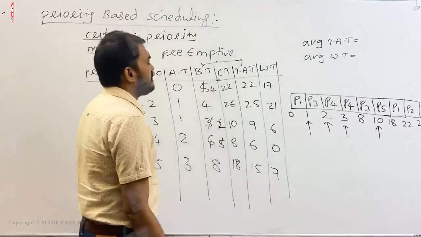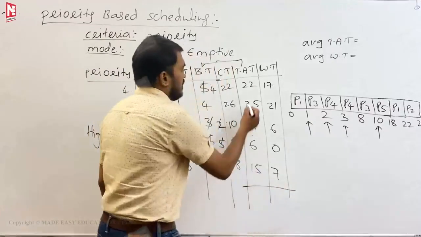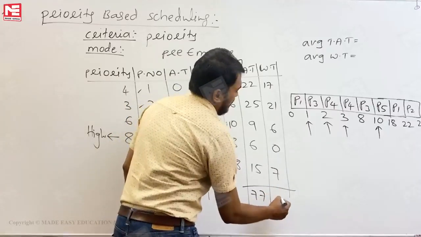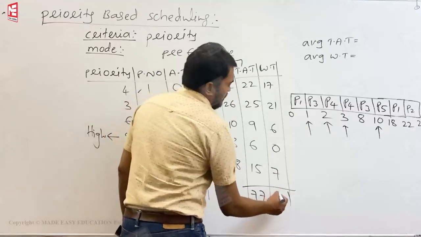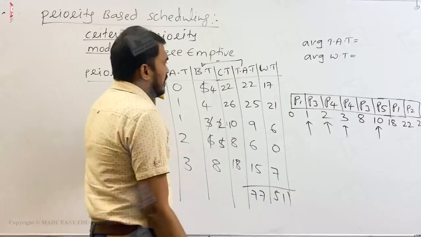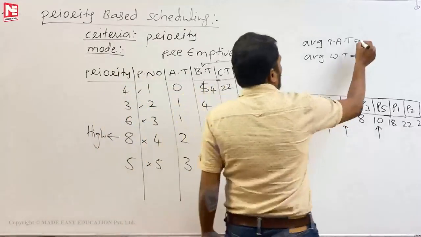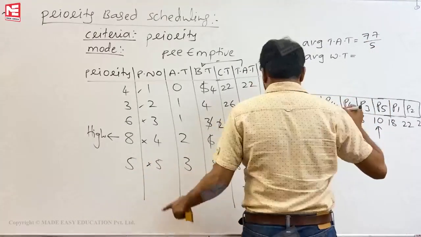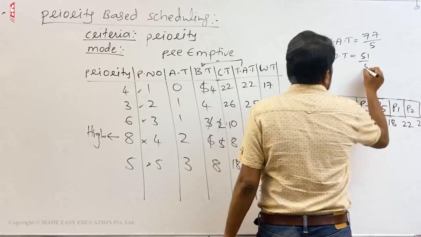Okay, you got the values here. So find out the total of these. How much? 77. This is 77 and this one 51. Okay, so please check properly. Now 77 divided by 5, since we are finding the average, divided by 5. And this is 51 divided by 5.